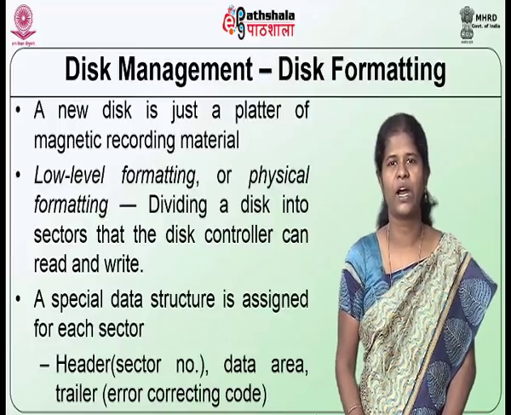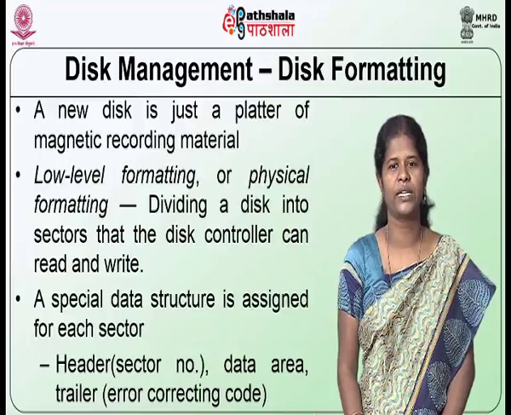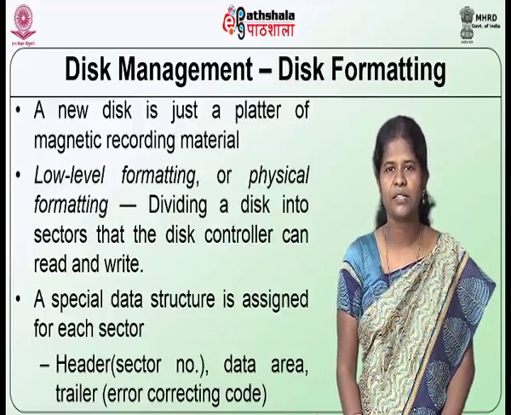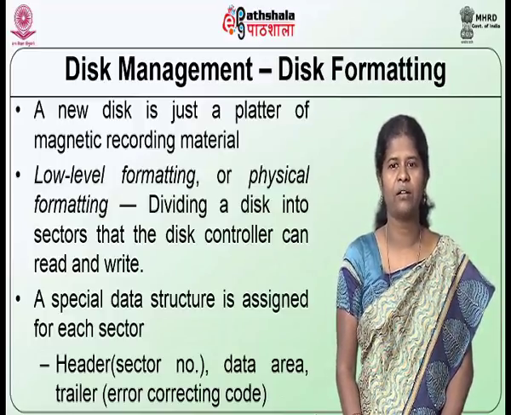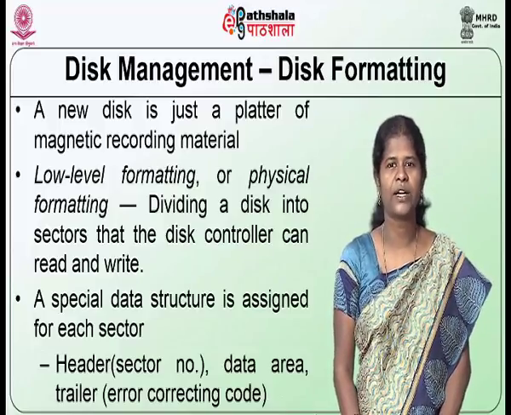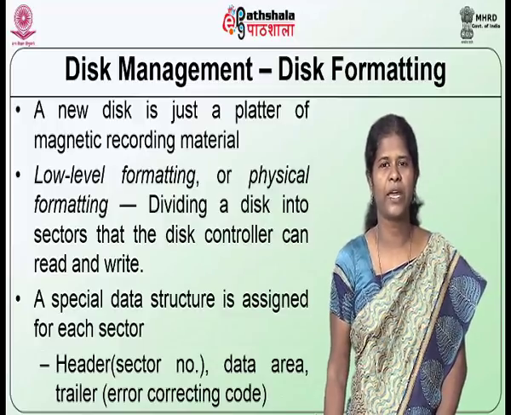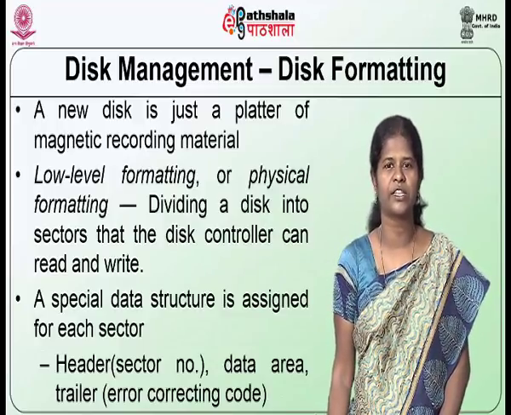When the disk is divided into sectors, a special data structure is assigned for each sector. The sector has a header, a data area and a trailer. The header has a sector number written into it, and the trailer has space for accommodating an error correcting code.